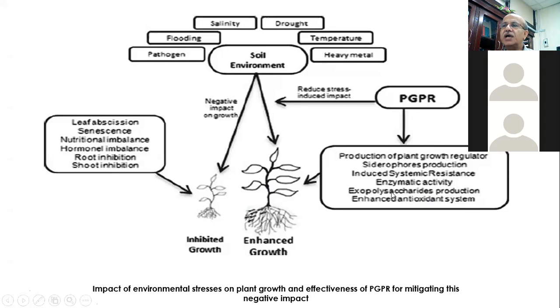So these are the mechanisms by which PGPR reduce the negative impact of these stresses on plant growth, and as a result, where you inoculated with PGPR, there is better growth, right? So if you have understood this picture, you can better understand the whole chapter.